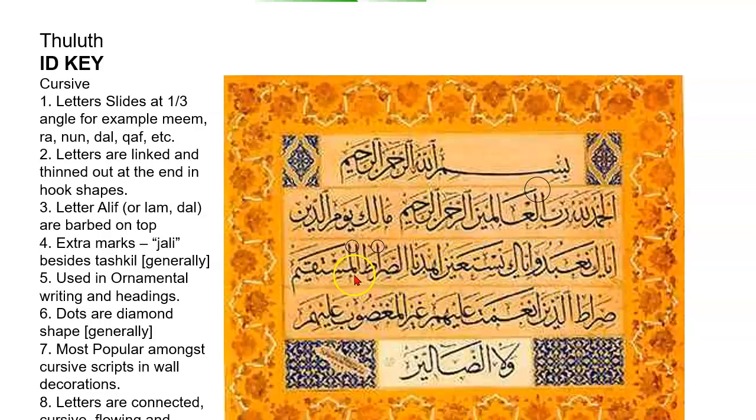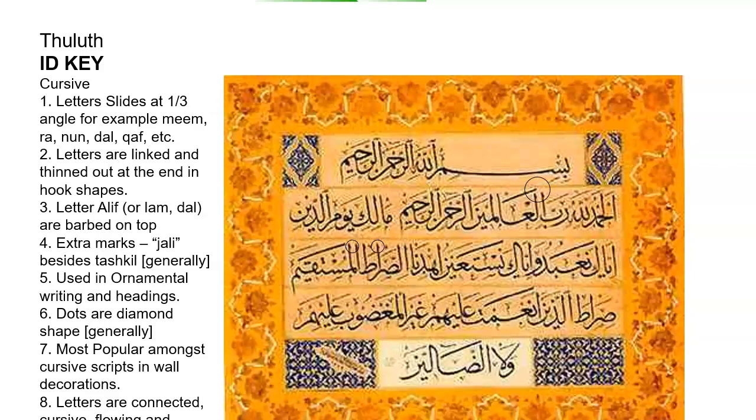Not all of them. Like alif is not sliding. But I definitely see that, you know how in English we talk about italicized? That's the same feature. It's not straight up. It's a little bit slanted. Okay, so this is Thuluth.